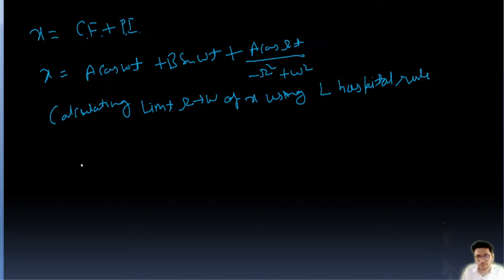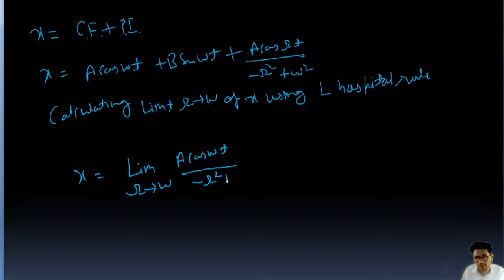So x is equal to the limit as omega tends to omega of a cos omega t, so here we have to use minus omega square plus omega, plus a cos omega t plus b sin omega t.